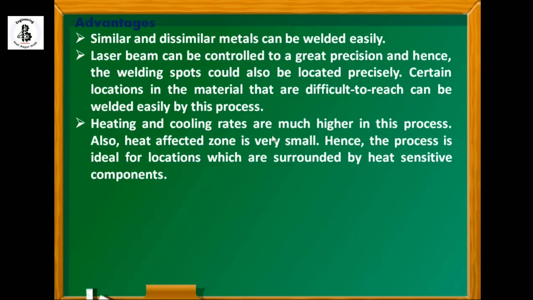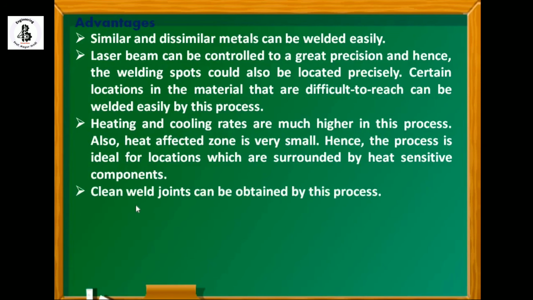Heating and cooling rates are much higher in this process. Also, the heat affected zone is very small because it is highly concentrated. Hence, the process is ideal for locations surrounded by heat sensitive components. Clean weld joints can be obtained by this process.